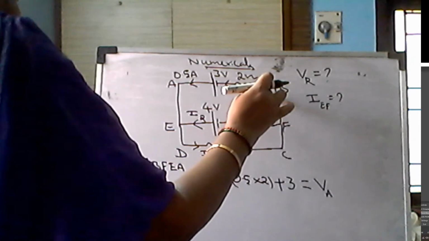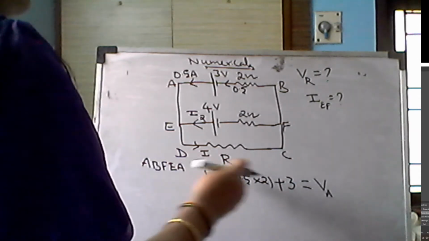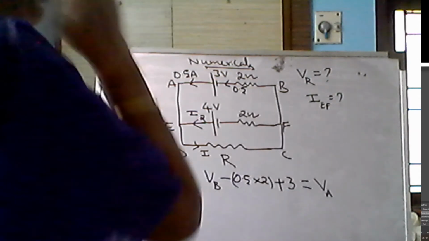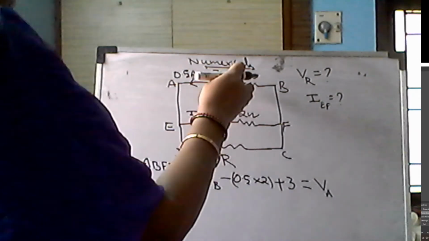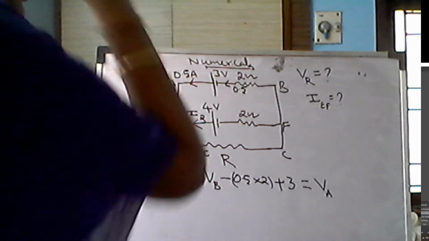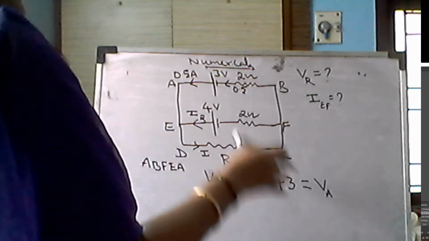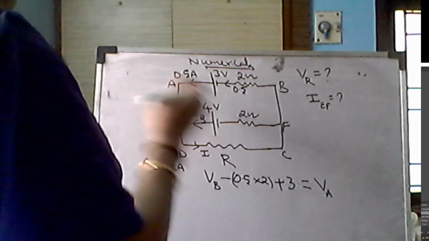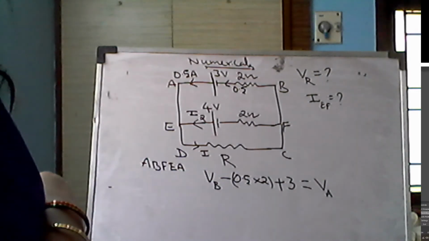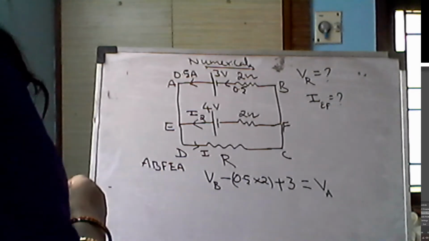So VB, and current into resistance, either you can take it outside or here. So 0.5 into 2 plus 3 voltage is equal to VA. That is equal to VA you are considering.